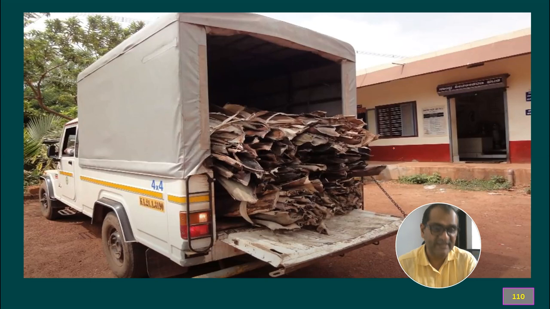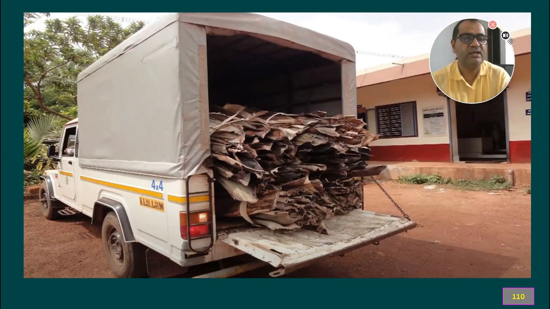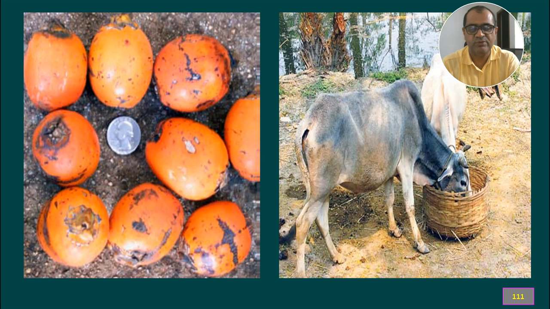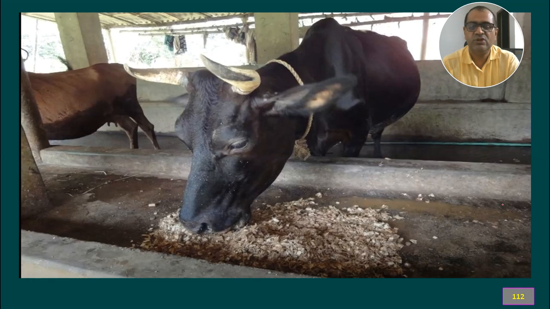Many people ask about the nutritional values, and the NINP, National Institute of Nutrition and Physiology, under the leadership of Dr. S.K. Gowda, has done a lot of studies, and a few of the results will be presented here. Cattle can eat it when it is processed. If it is chopped properly and put in the feed troughs, this can be used as an alternative feed source.